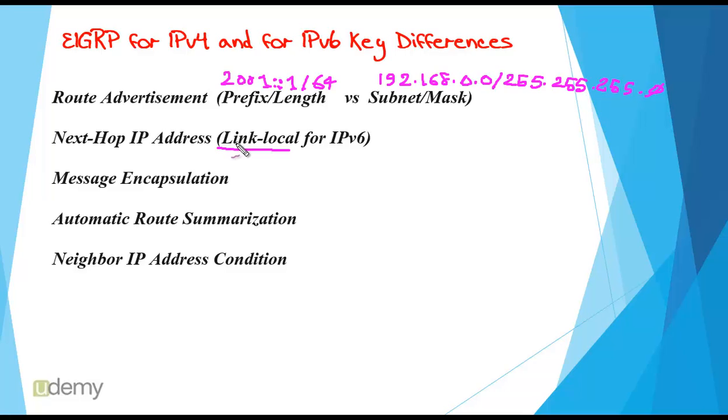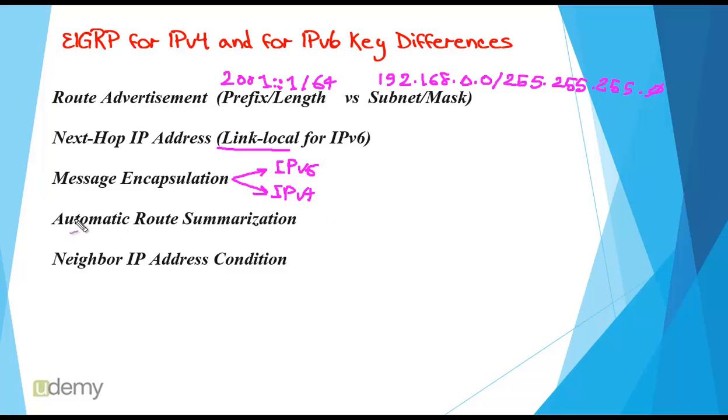Message encapsulation is clearly different: EIGRP for IPv6 uses IPv6 packets for sending messages, and EIGRP for IPv4 sends messages through IPv4 packets.